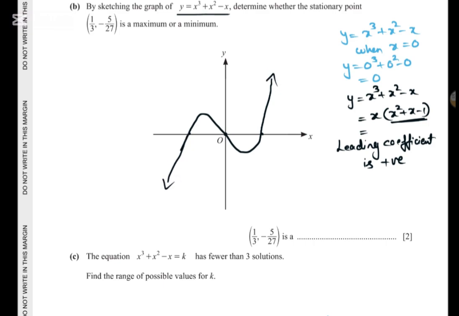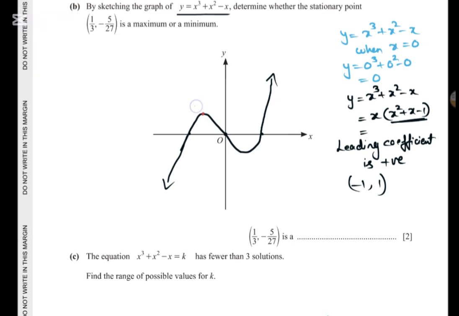Now here you have to find out whether this turning point is maximum or minimum. One of the turning points which we found in the previous question A was minus 1 and 1. So minus 1 and 1 will be the maximum because it is at the top. So here it will be the maximum, and minimum will be here.